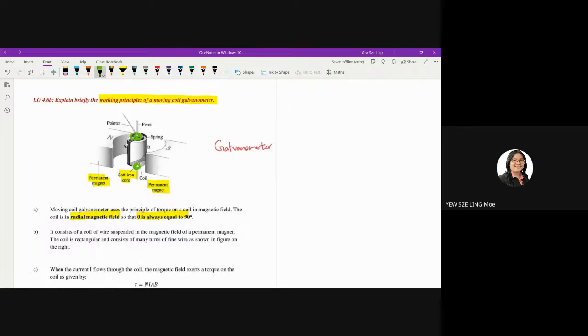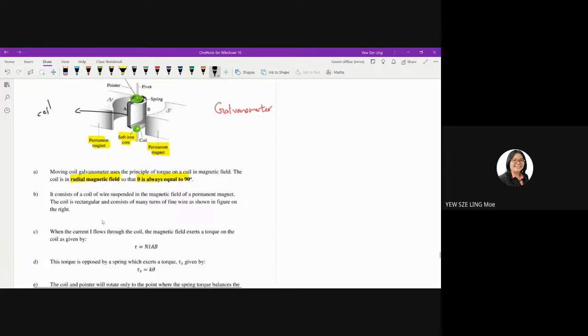All right, and then this black color straight line, this is the coil. It consists of a coil of wires suspended in the magnetic field of a permanent magnet. The coil is rectangular in shape and consists of many turns of a fine wire as shown in the figure.